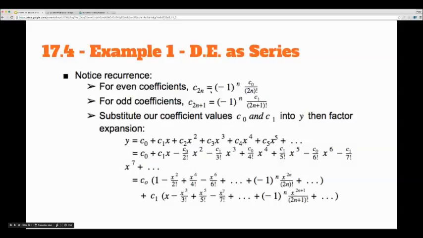Our even coefficients c sub 2n are equal to negative 1 to the n, indicating our changing sign, times c naught over 2n factorial. Odd coefficients as so. You can read it. So we substitute our coefficient values into y and then factor out the expansions. We factor out c naught and c1 from each expansion.